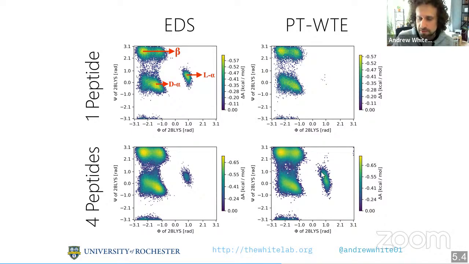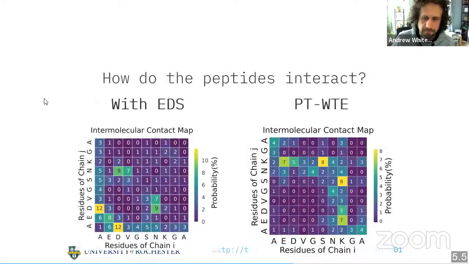So this over here on the bottom right, this is 4 peptides with good sampling, and this is 1 peptide with the EDS method. So we can see that we've approximated the structure by putting in information from the experimental system. It's an interesting idea that you can get at self-assembled structures by using experimental data from the self-assembled structure, but still just doing a monomer simulation in MD.